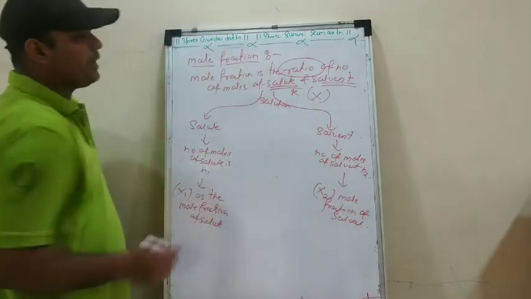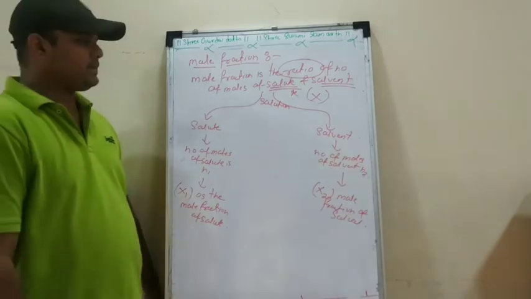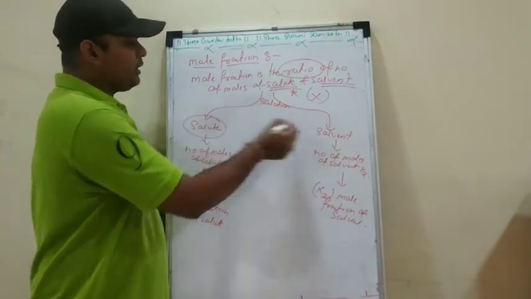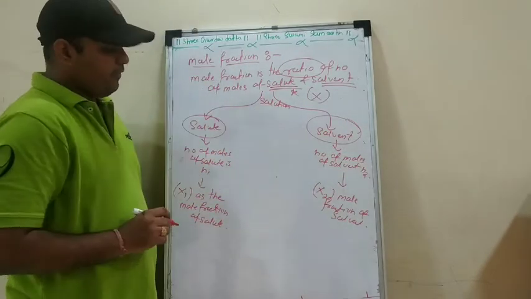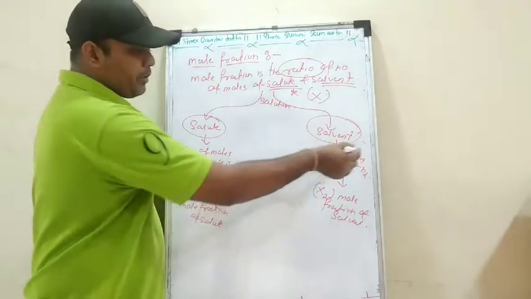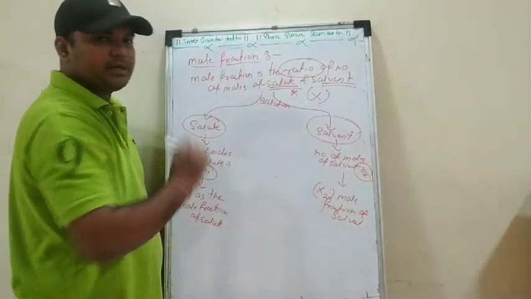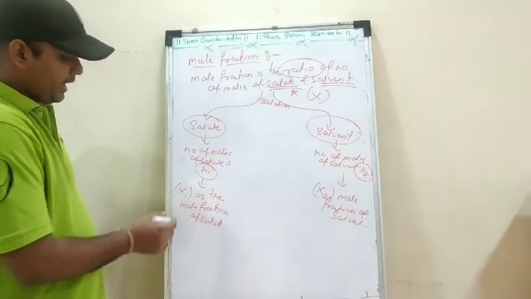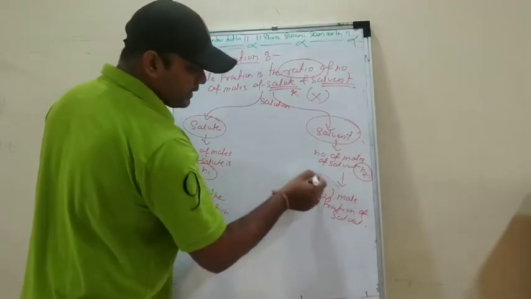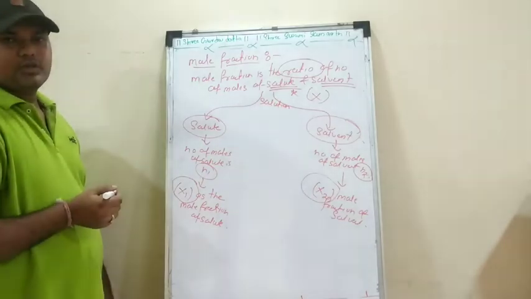Are you understanding it? Here the number of moles of solute is N1, the number of moles of solvent is N2, X1 is the mole fraction of the solute, and X2 is the mole fraction of the solvent.